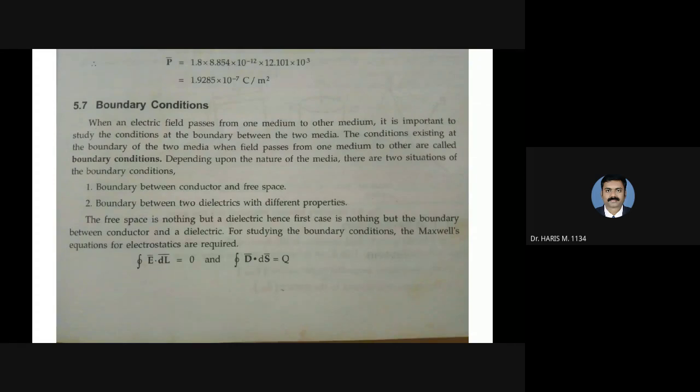So why does this boundary condition have to be studied, right? As you all know, there are different types of mediums present. The electric field or the electrons can exist in many different types of materials such as semiconductors, metals, then insulators, semi-insulators, dielectric medium.